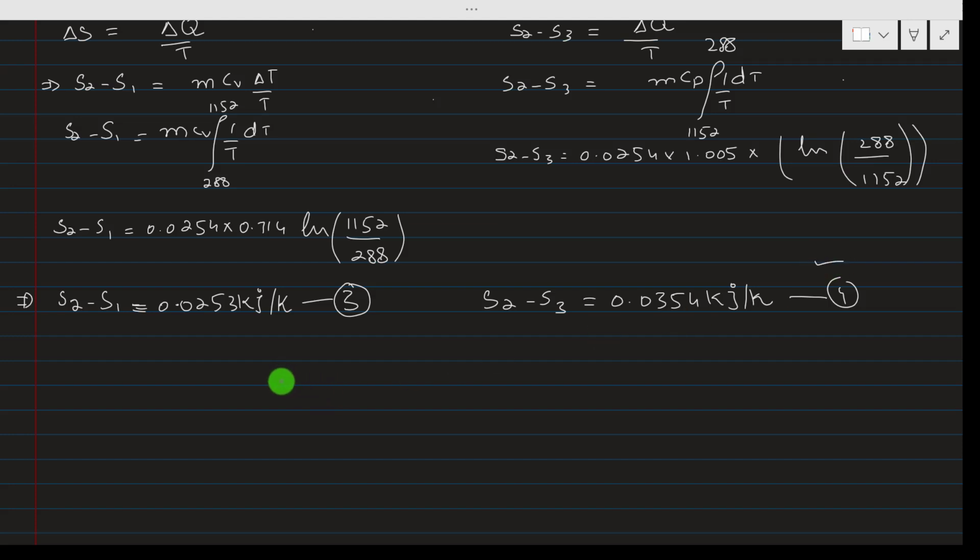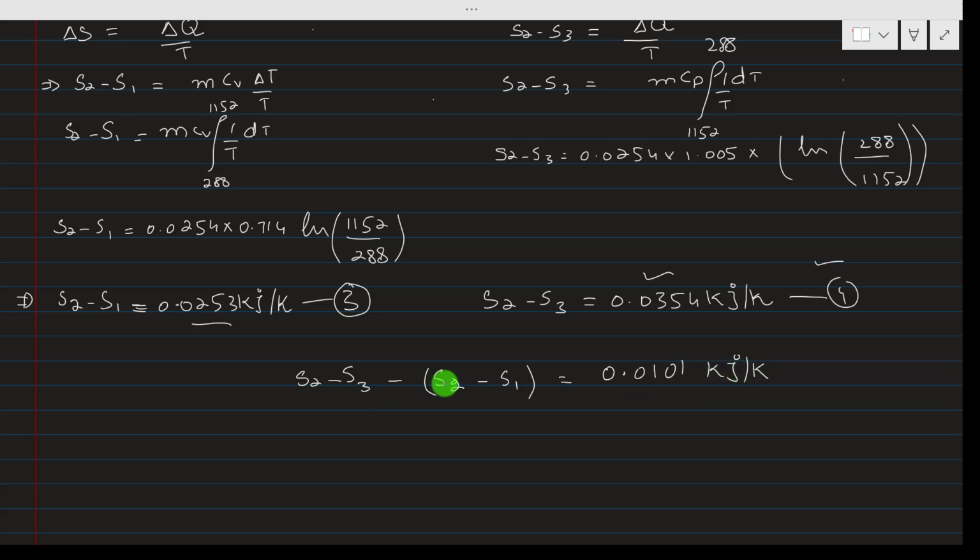So we can write that S2 minus S3, we are subtracting equation 3 from 4, minus S2 minus S1, is equal to, if you subtract this value from this, 0.0101 kilojoule per Kelvin.